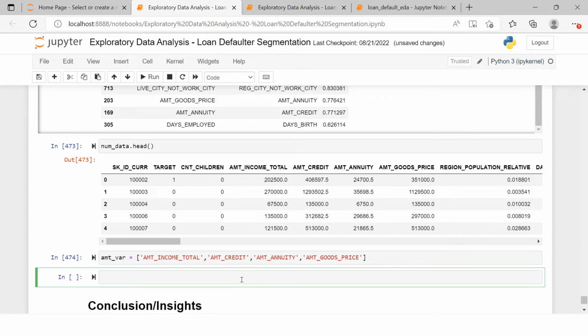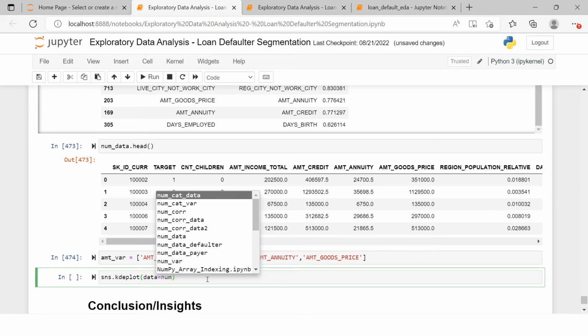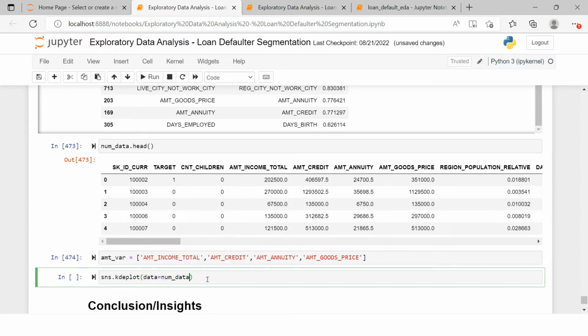Now let's try to plot one variable. For that I will do a KDE plot. sns.kdeplot, and in that data equals num data.